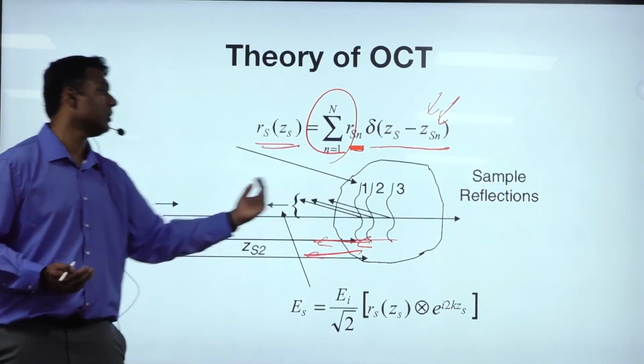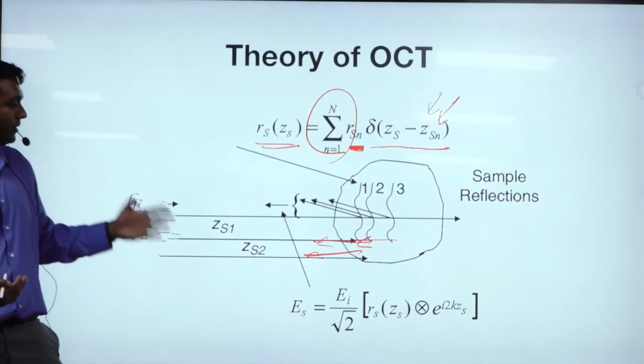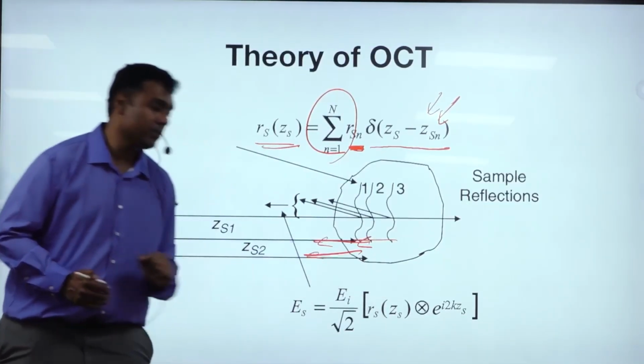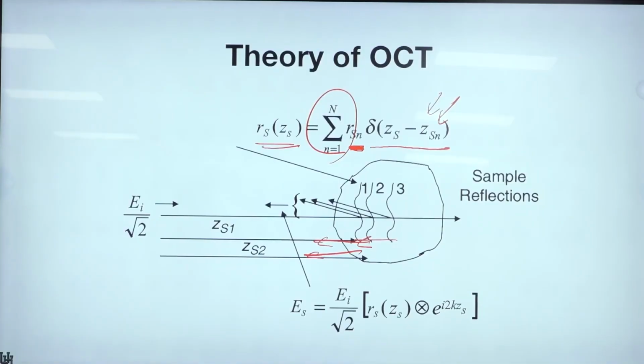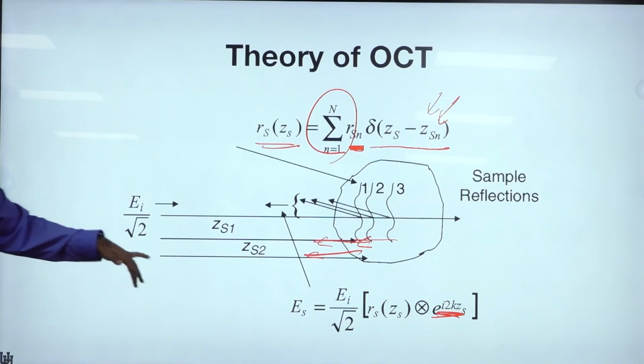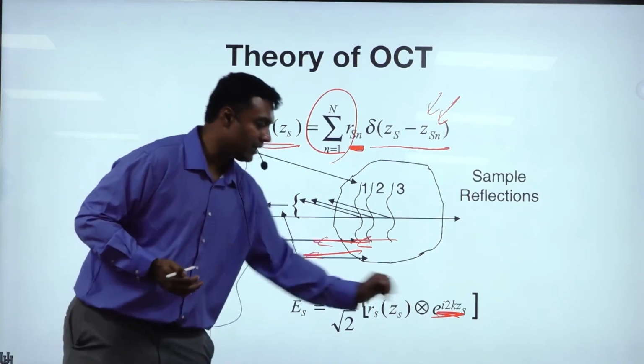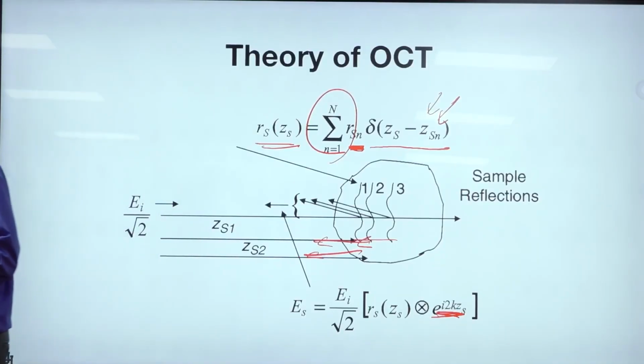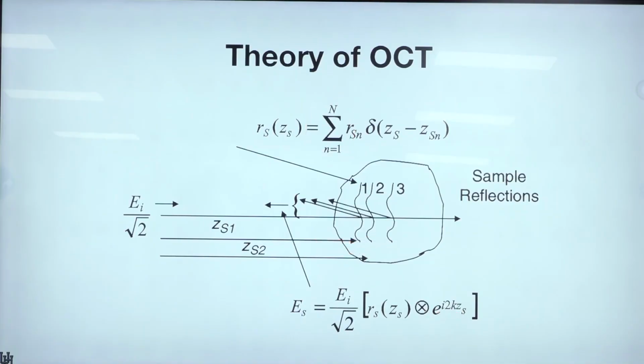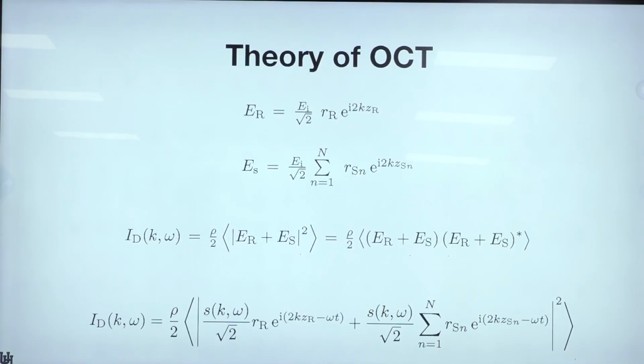That's the overall reflection of light, and the reflection times the optical path length that it travels. For each distance, there is a certain phase change. So this convolution takes that into account and gives you a phase difference corresponding to the distance. And in the end, you get something of this sort.